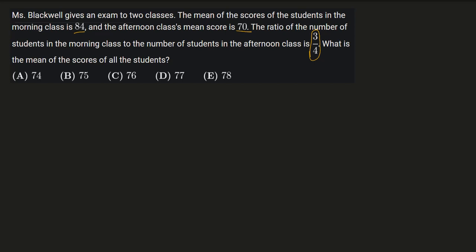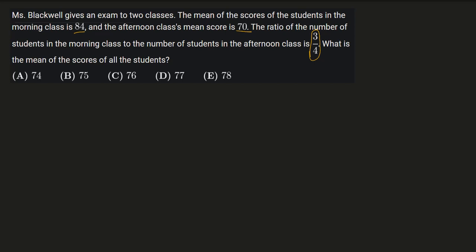And vice versa. If there are 1 million students in the afternoon class and only 1 student in the morning class, then the average should be very close to 70. Therefore, the number of students in both classes does matter. So this is just to confirm that we need to know the number of students in both classes.